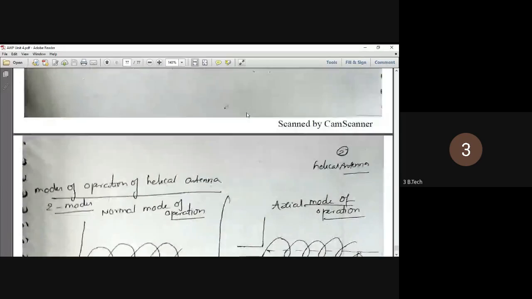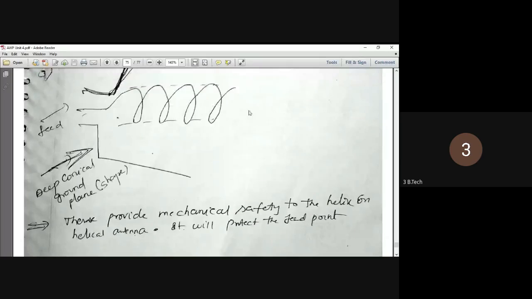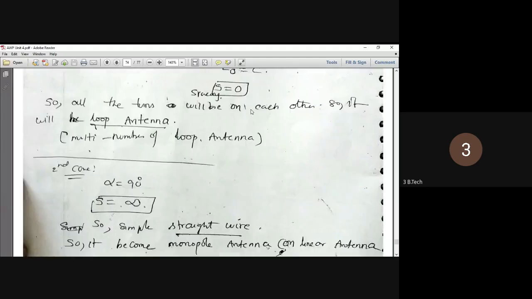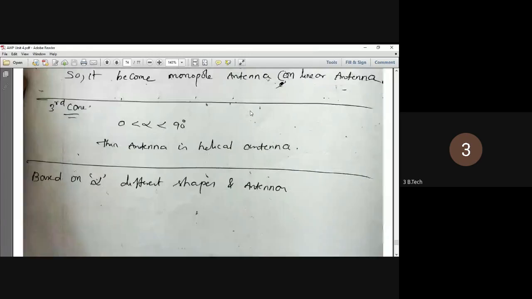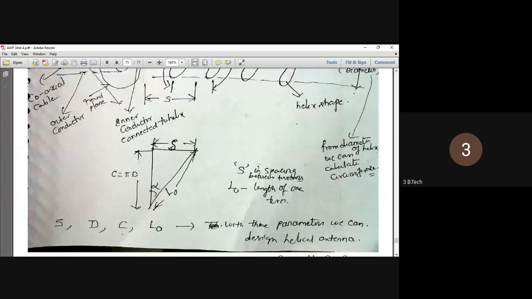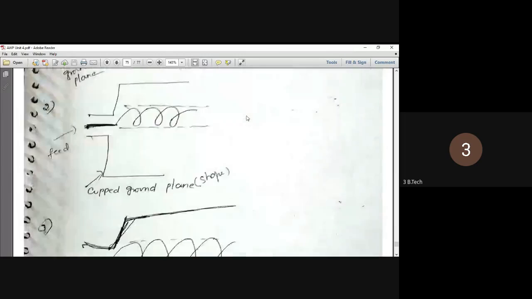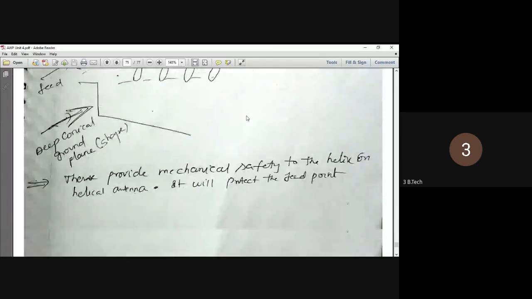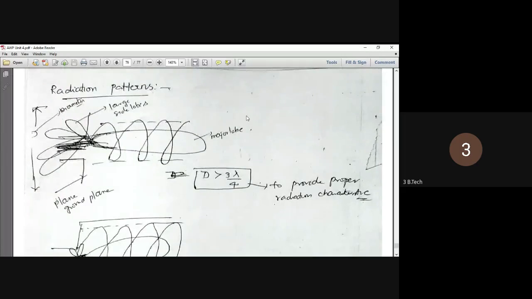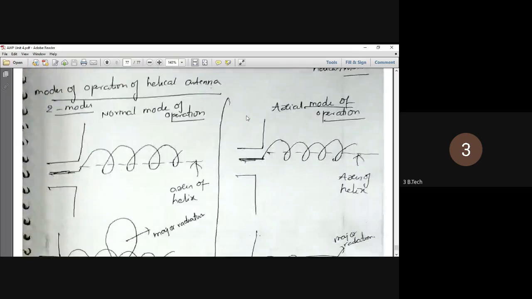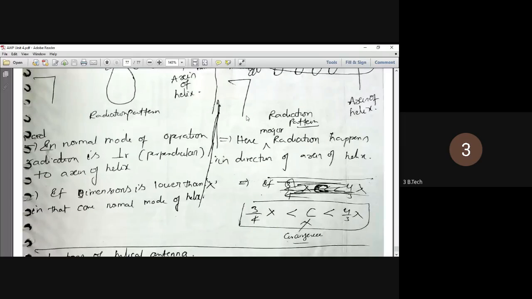So we have seen helical antenna basics. We saw how the helical antenna spacings should be. We found the L0 values. Then we said alpha should be between 0 and 90. Then we calculate using Pythagoras theorem. After this, we saw the shapes: plain ground plane, coupled ground plane and deep conical ground plane. Then in modes of operation, we have seen two categories: d greater than 3 lambda by 4, and the other is circumference between 3/4 lambda and 4/3 lambda.